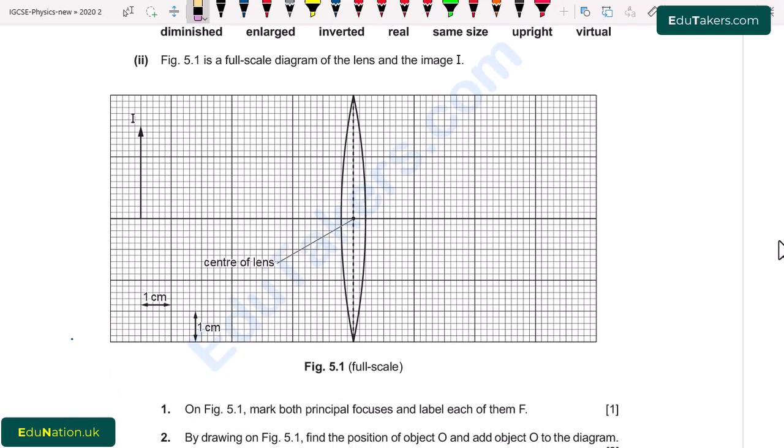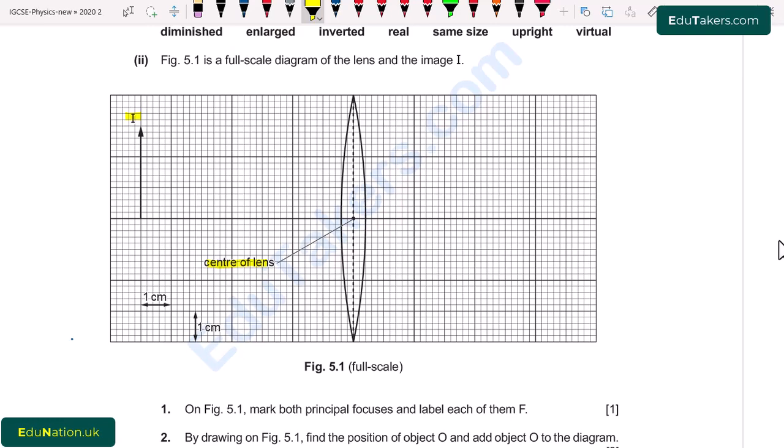Part 2. Figure 5.1 is a full-scale diagram of the lens and image. You can see in the figure that the image is represented by I and its location is also shown, while the center of the lens is represented by this, and the location of the object and the principal focus is not given.